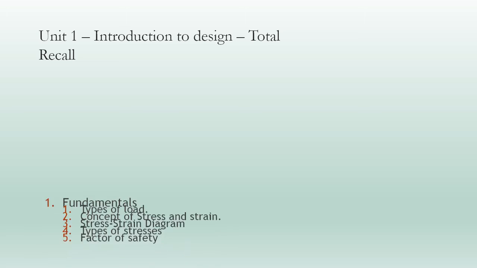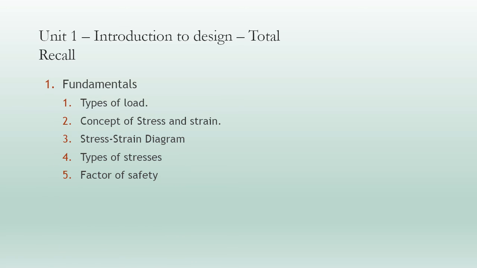Now let's recall unit number first, that is Introduction to Design. In the very first lecture we went through the fundamentals, the basic concept of design, in which we learned about types of load: dead load, live load or suddenly applied load. Then we went through the concept of stress and strain.